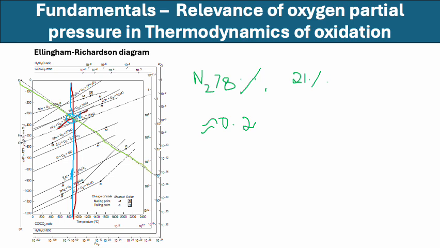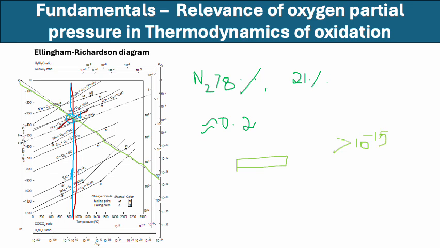If you draw this line, it intersects the outermost line somewhere at 10 power minus 15. So at this 800 degrees Celsius, if I keep a piece of iron in an atmosphere that contains oxygen partial pressure greater than 10 power minus 15, then I can have oxidation.